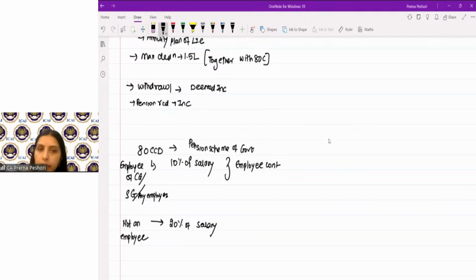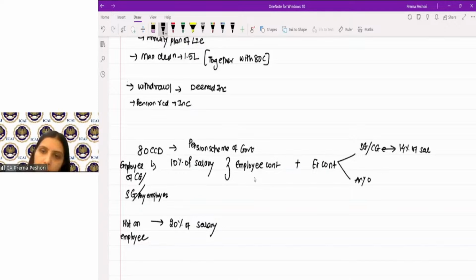So the employee contribution plus the employer contribution is also allowed under 80CCD(2). Contribution made by the central government or by the state government is allowed under 80CCD(2), but that would be restricted to 14% of the salary.